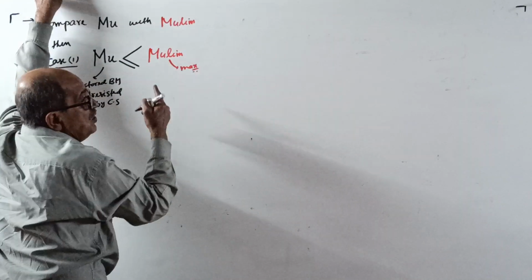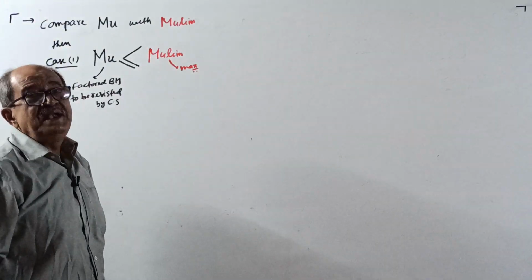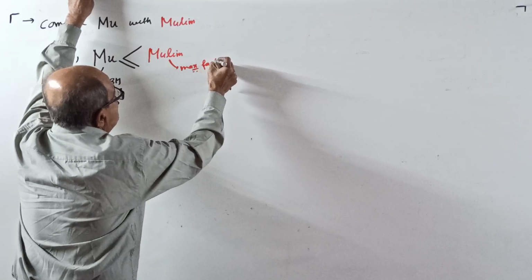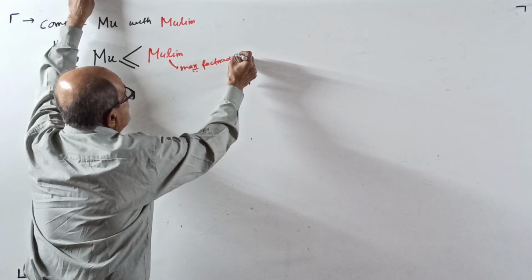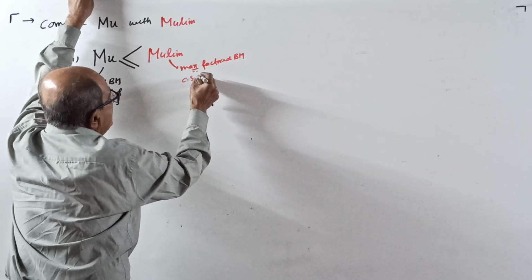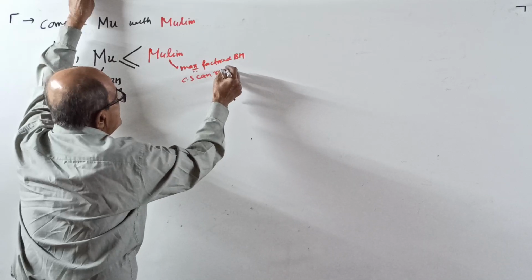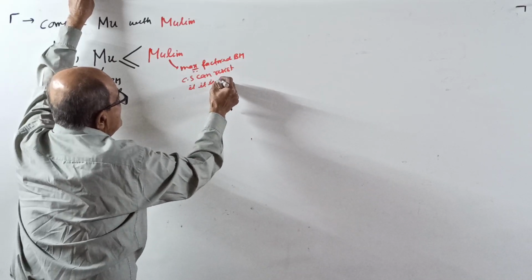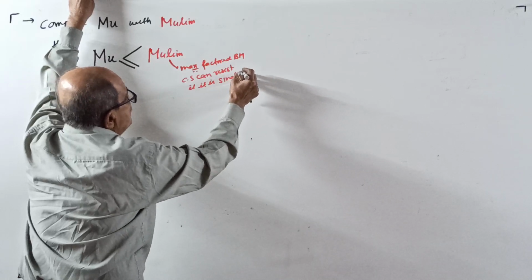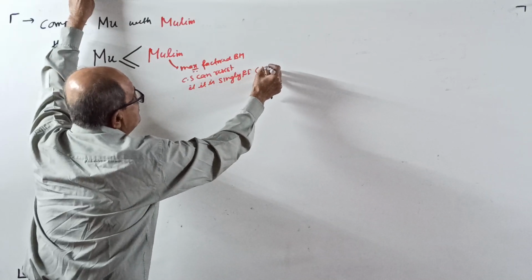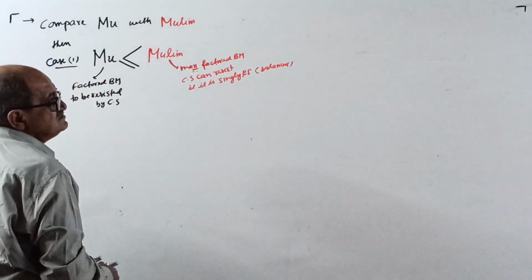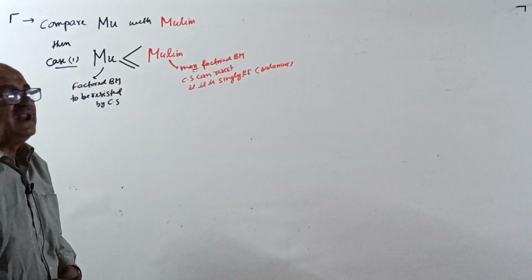I won't use a technical term now, limiting MR I will not use. The maximum factored BM the cross section can resist if it is singly reinforced, balanced. Common sense will tell.